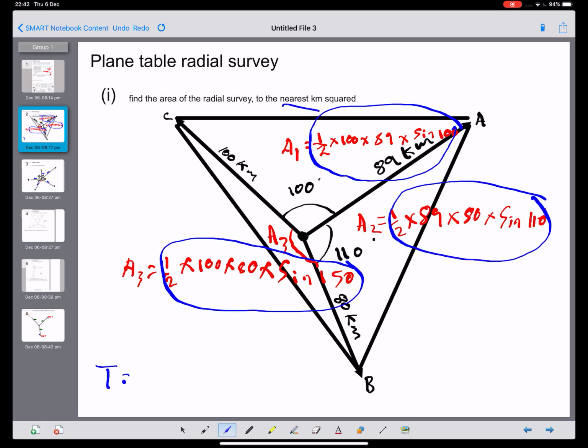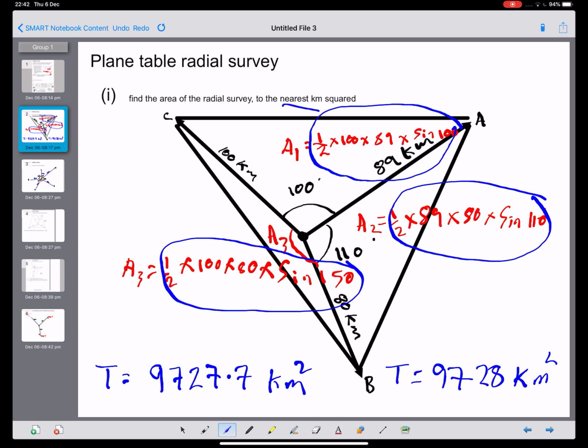So we get 9727.7 kilometres. So our final answer is going to be 9728 kilometres squared. I missed the squared there. Just to reiterate, we don't work out the individual areas and then add them. We put them all in the calculator to prevent a rounding error.